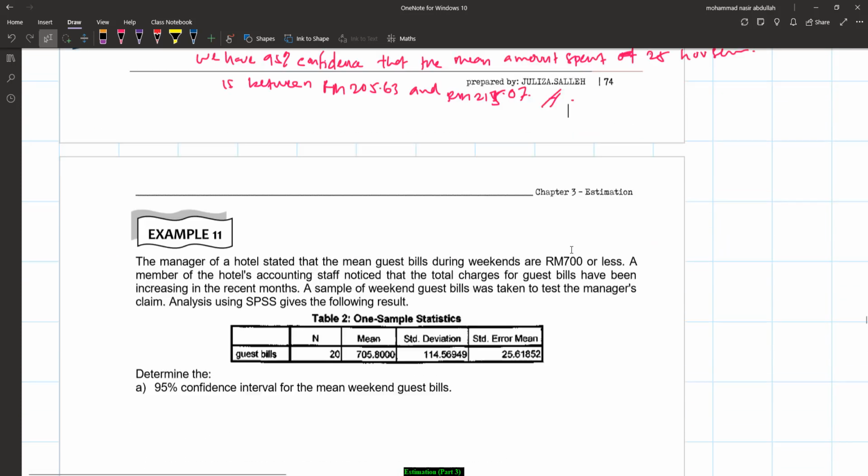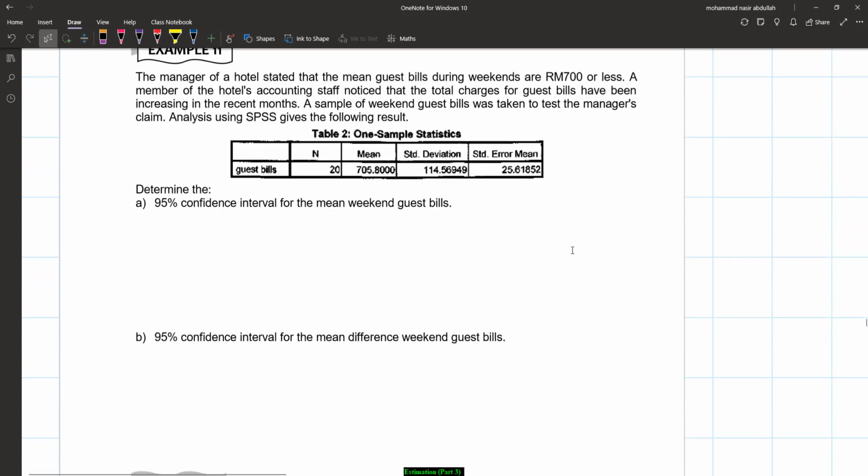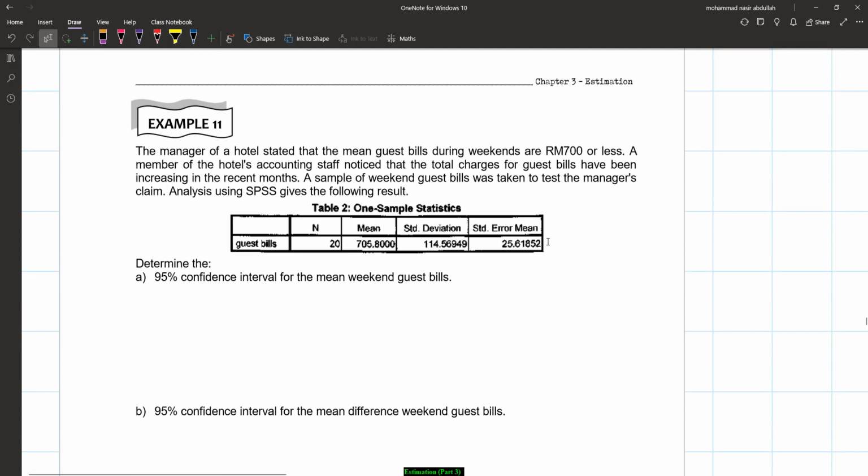Alright. So now let's look at example number 11. So example number 11 actually benda yang sama saja. So manager of hotel state that the mean gas bill during weekend are 700 or less. So then dia kata gas bill is less than RM 700, less than or equal to.